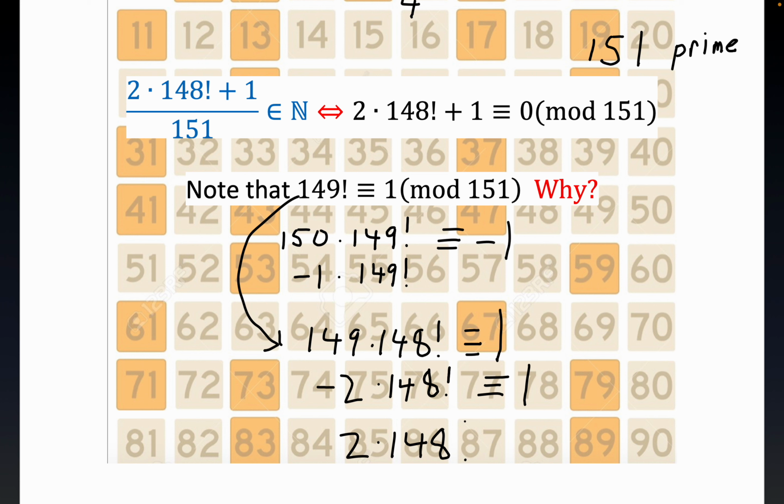Now that would make this a -1, but if we bring it to the other side, we will get +1 congruent to 0, right? Okay, folks, and that's exactly what we were trying to prove up here, right?